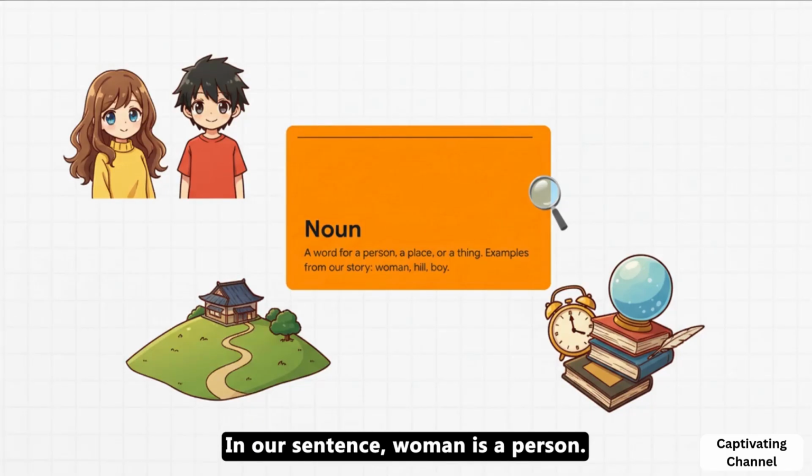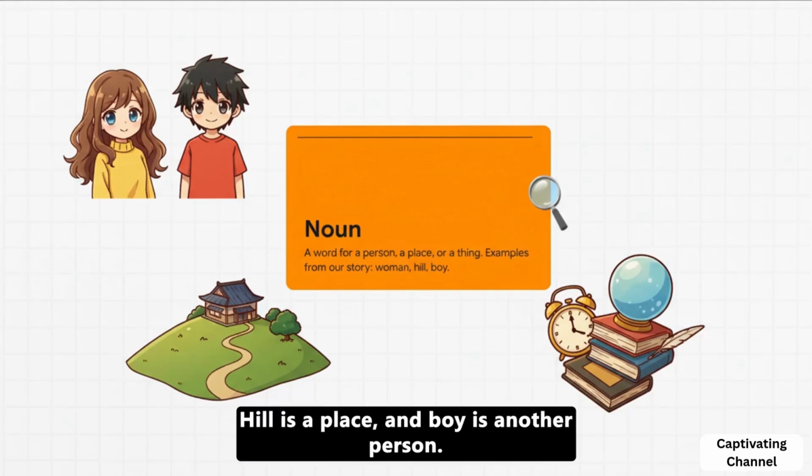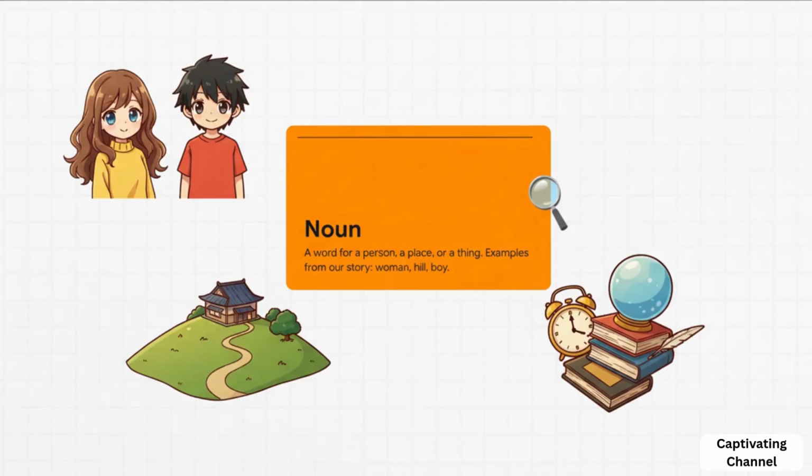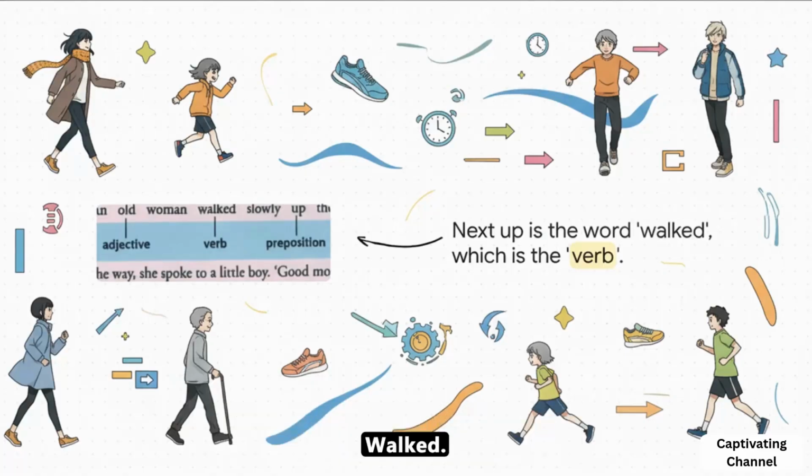In our sentence, woman is a person, so you guessed it, it's a noun. And if you look at our story, we have other nouns too. Hill is a place, and boy is another person. See? Easy.